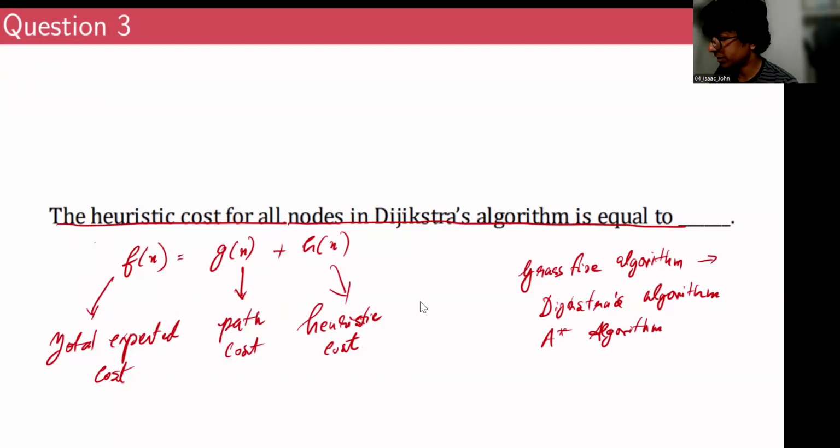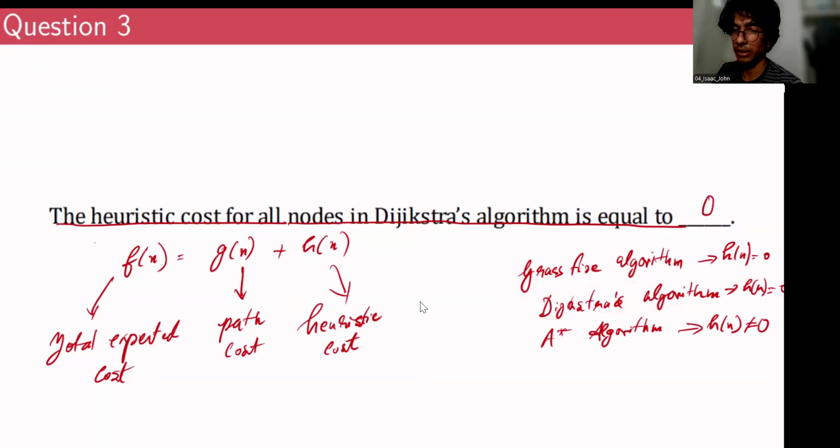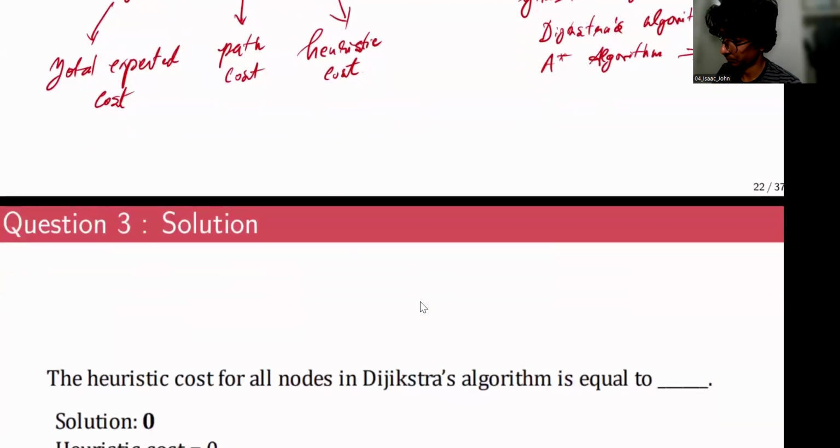In the first two cases, the heuristic cost is 0. But for A star, the heuristic cost is not equal to 0, as per the examples that we have seen in the course. So for Dijkstra's algorithm, the heuristic cost is actually 0. That should be clear enough.